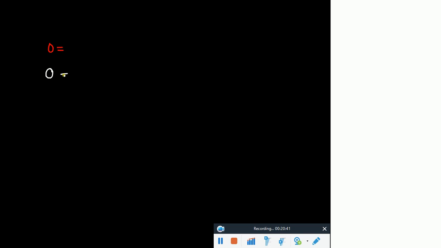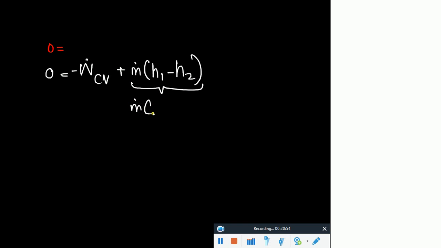Okay. So 0 equals minus W dot CV plus M dot H1 minus H2. And remember, this can be converted into M dot Cp T2 minus T1, and this would be minus W dot CV equals 0.